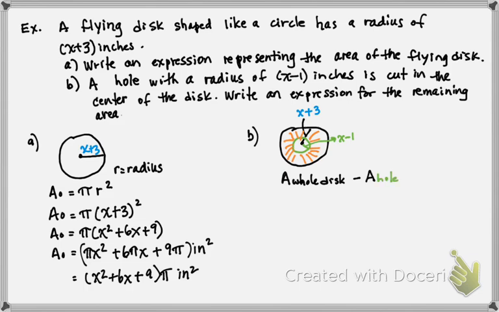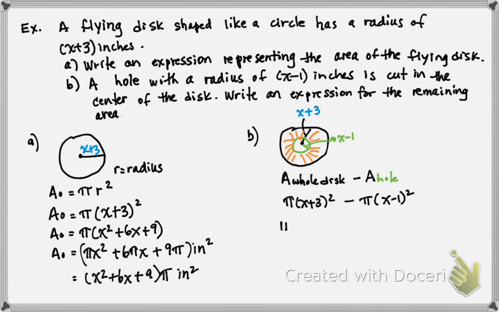Oh, that doesn't look nice, does it? Okay. Well, go ahead and laugh, but you know what it's supposed to be. Anyway, moving on. So the area of the whole disk is pi times the quantity x plus 3, squared, and we're going to subtract from that pi times the quantity x minus 1, squared. We already know what the left guy is, right?